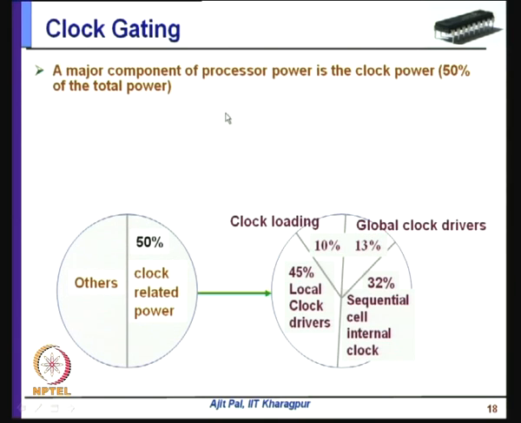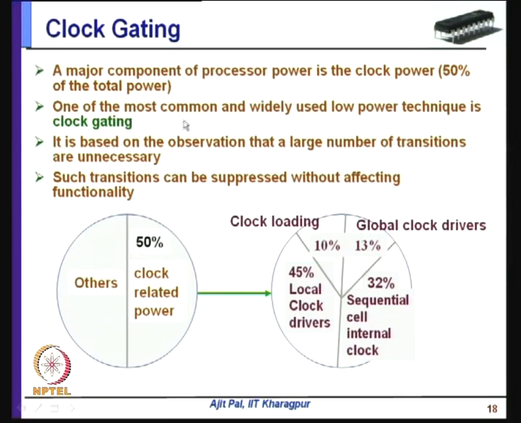Clock has to be distributed throughout the chip, and clock will control the transitions of different gates. So, clock gating can be done to reduce the dynamic power, and one of the most common and widely used low power techniques is clock gating. It is based on the observation that a large number of transitions are not necessary.